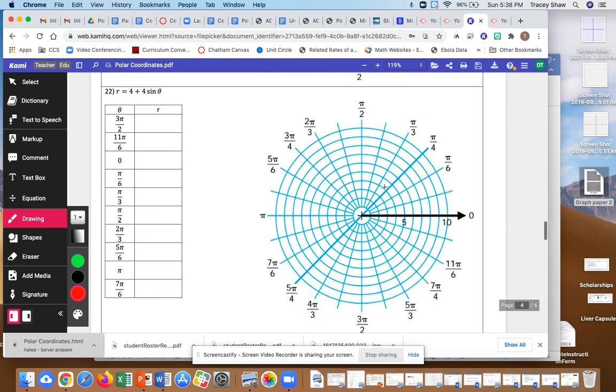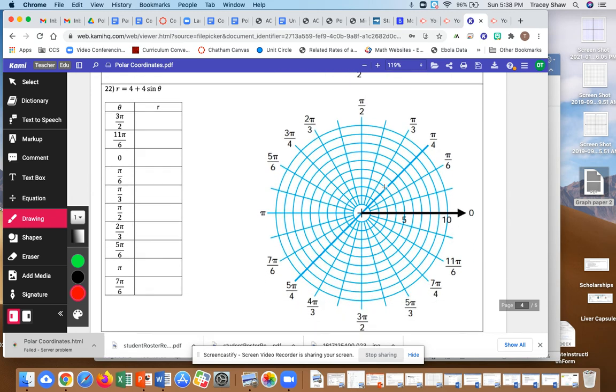All right, so let's go to 22 and then we're going to finish this up. They have a specific equation for me, r equals 4 plus 4 sine of theta. All right, so let's think about this. And what is my theta this time?